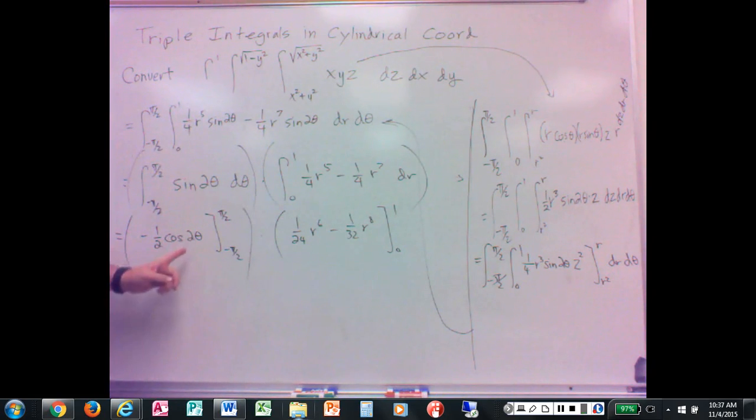Let's see. So that'd be cosine of pi. What's cosine of pi? Positive 1? Cosine of pi is negative 1. Okay, thank you. And then minus cosine of negative pi. Same thing, isn't it?